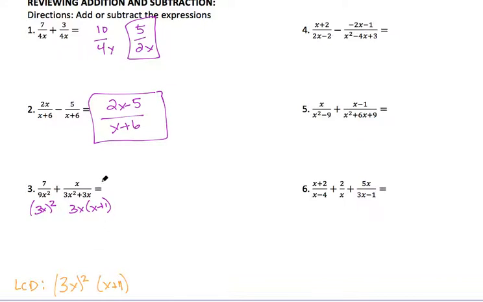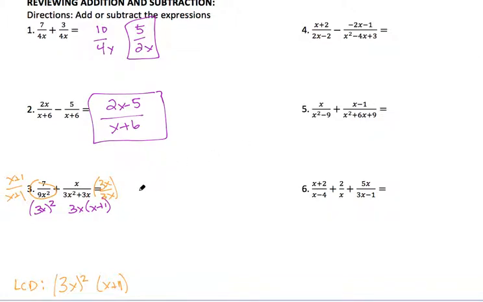Okay, all right, so now we have to multiply. We're going to multiply this fraction by x plus 1 over x plus 1 because that's what's missing. We're going to multiply this fraction by 3x over 3x because that's what's missing. By multiplying my denominator by 3x, I will have 3x squared and then times x plus 1.